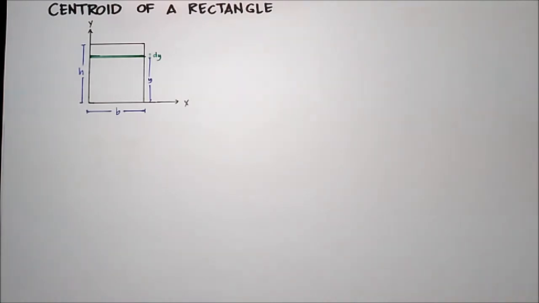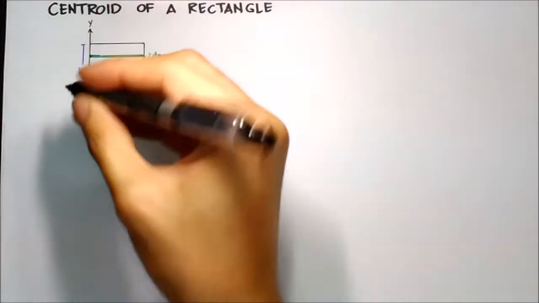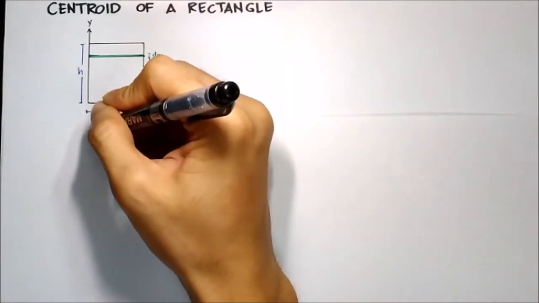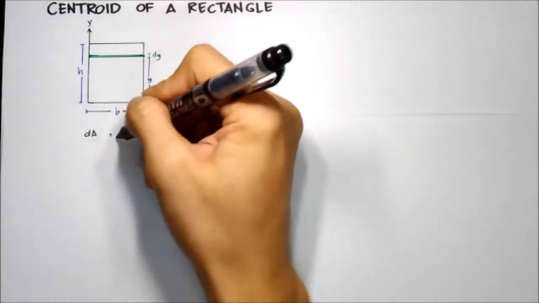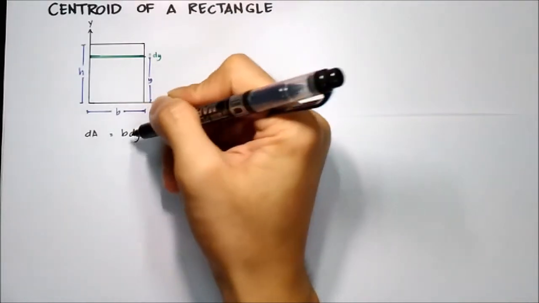Let us determine the centroid of a rectangle. Consider a rectangle of base length b and height h. If we take a thin strip parallel to the x-axis at a distance y from the x-axis and of infinitesimally small thickness dy, then its area is given as the differential area equal to b times dy.